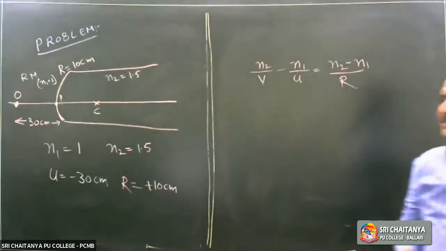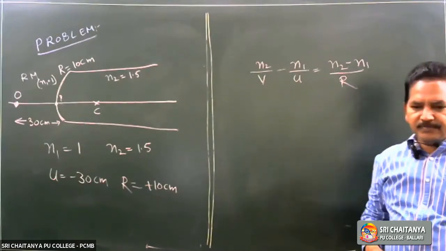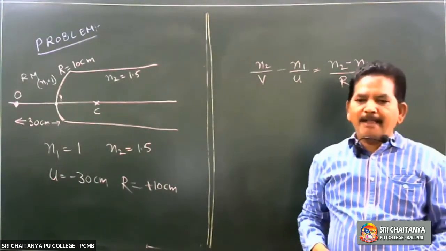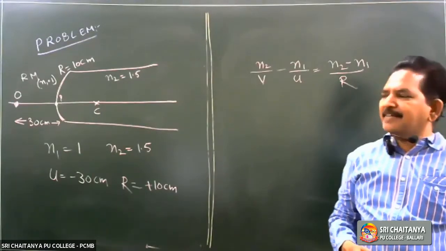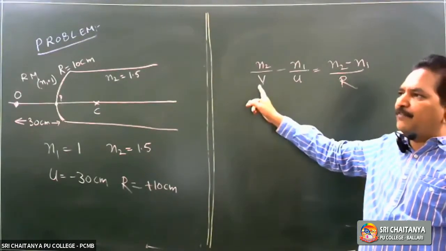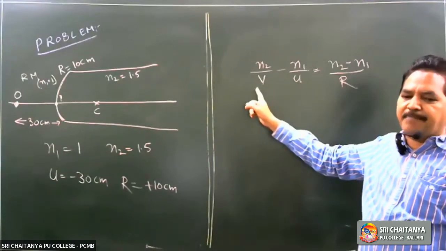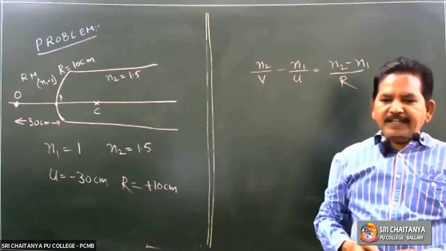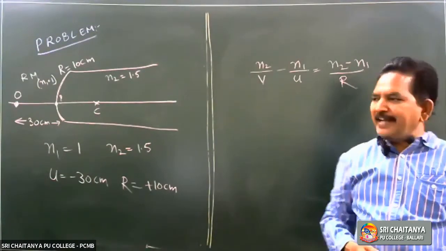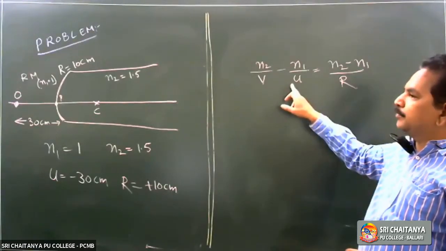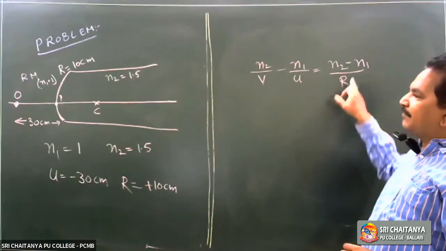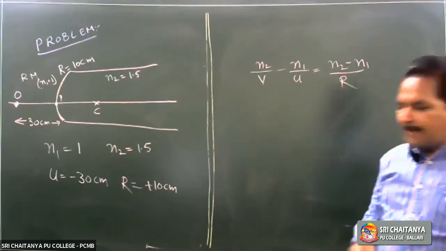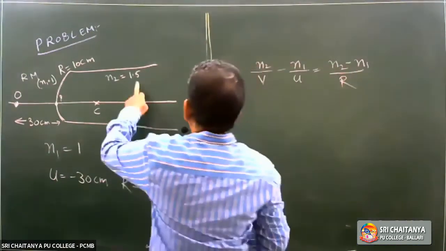In today's class itself, I explained. If the object is in the rarer medium and the image in the denser medium, the formula for refraction at a spherical surface is N2 by V minus N1 by U is equal to N2 minus N1 by R. Substitute the values.